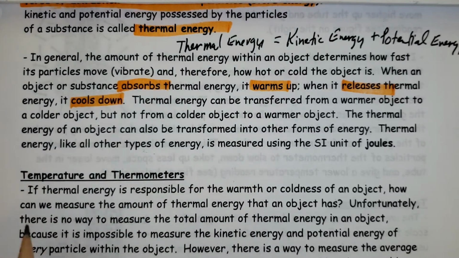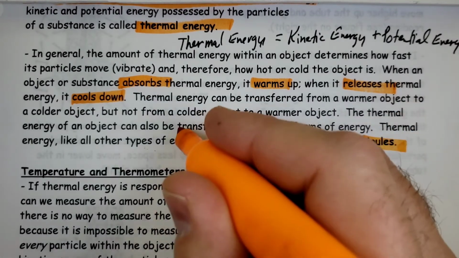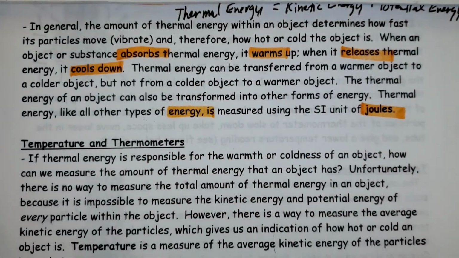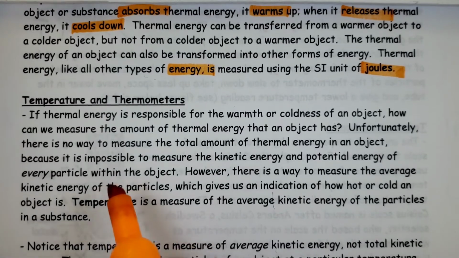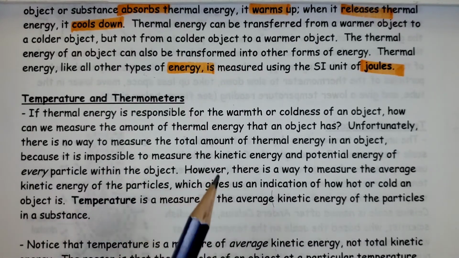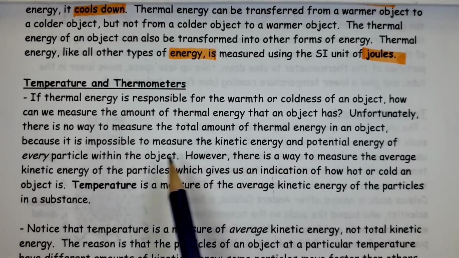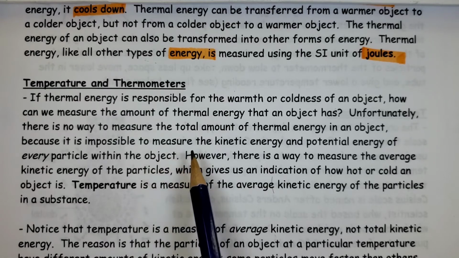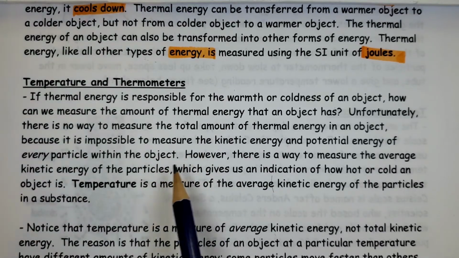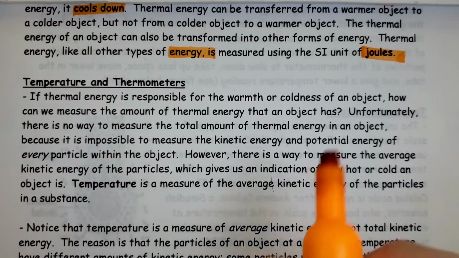Thermal energy, like other types of energy, is measured in the unit of joules. So please highlight that. Temperature and thermometers. If thermal energy is responsible for warmth and coldness of an object, how do you measure thermal energy? Unfortunately, there isn't an easy way to measure thermal energy because it's impossible to measure the kinetic energy and potential energy of every particle.